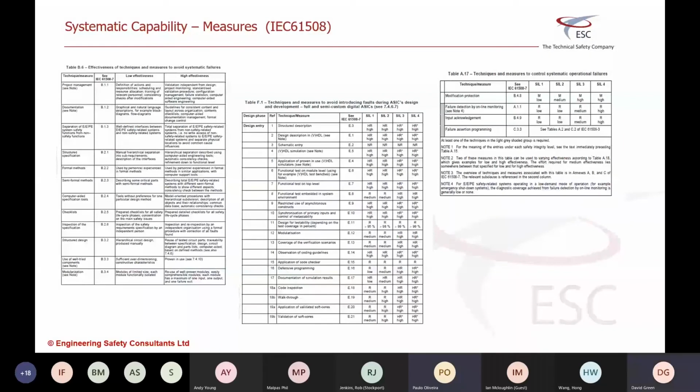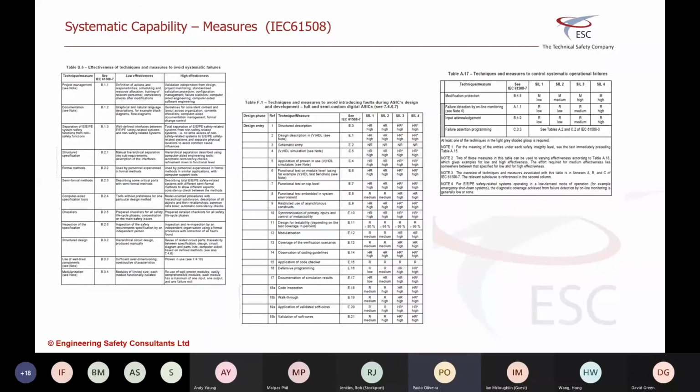If you look at that table in the middle, point 3, schematic entry is not recommended for any SIL. It's not recommended for any safety integrity level, but a simulation is highly recommended for all of them. So if you're using VHDL simulation for an ASIC that's been designed, that's good. That's one measure that will contribute to your systematic capability.